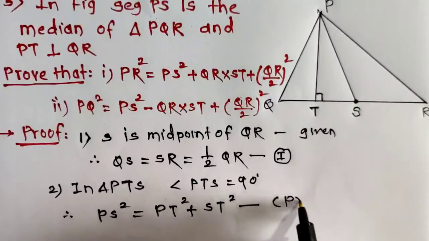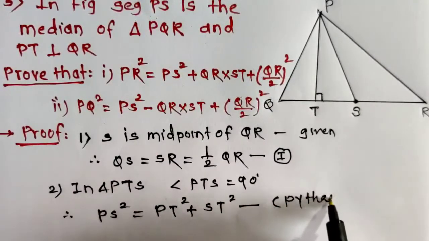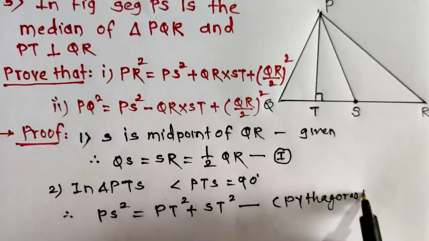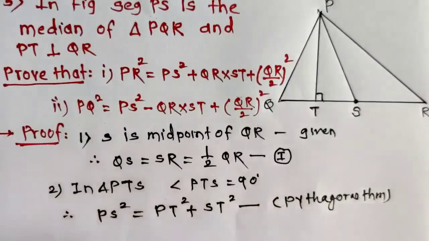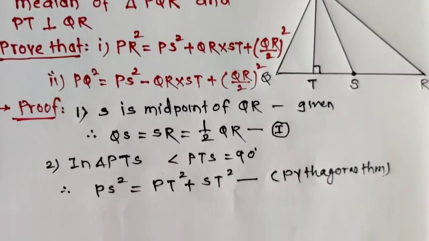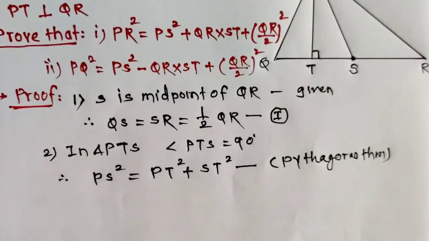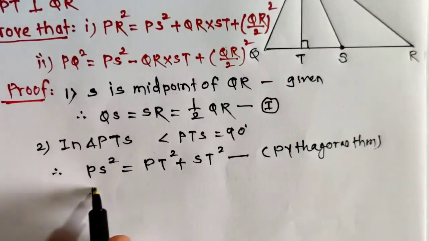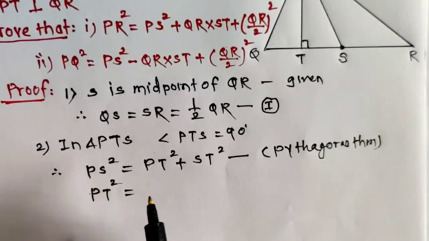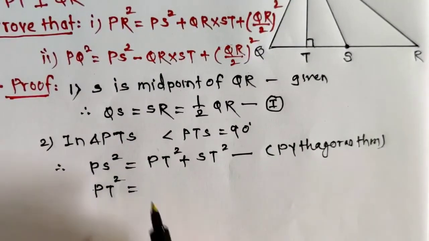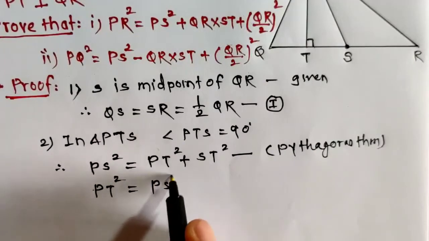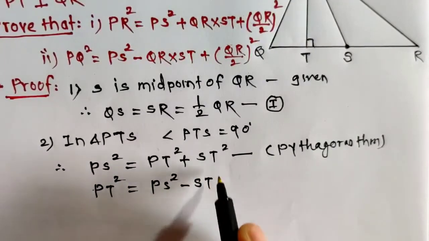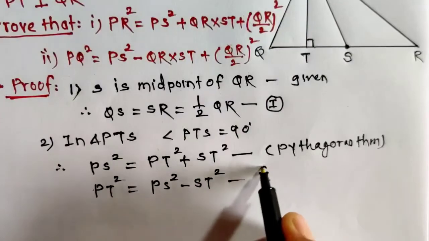This is the Pythagoras theorem. Now simplify and find the value of PT. Therefore PT square, similar to that Apollonius theorem, PT square is equal to PS square minus ST square, let it be 2.